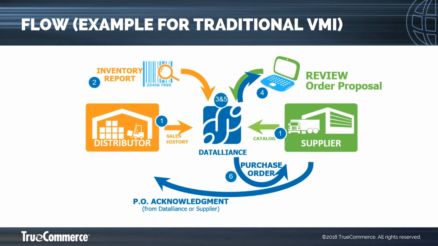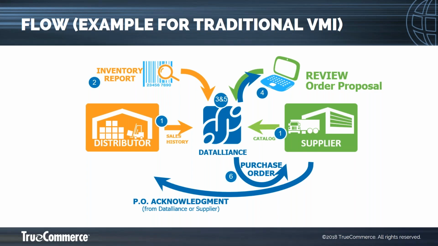Number three, we will receive that information and we will use it together with the historical activity to calculate forecasted demand and generate a suggested order. This suggested order is then sent for reviewing to the supplier, or the planner or the customer service agent.